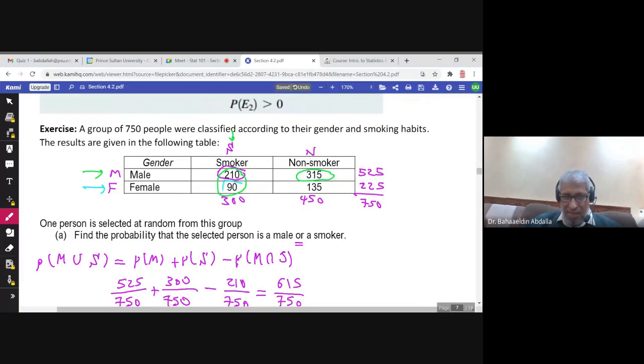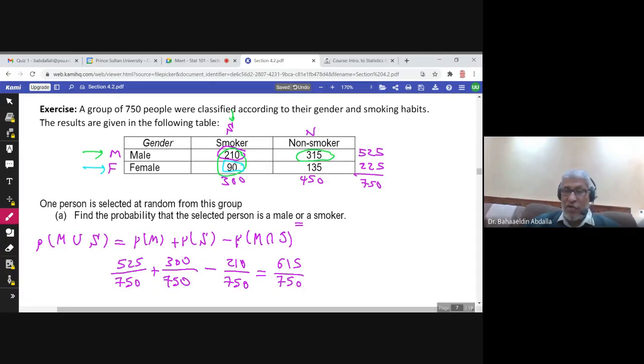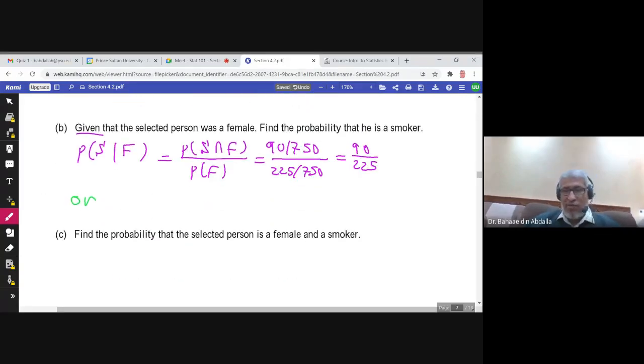So 90 females smoke. So 90 divided by the total number of females, which is 225. So you can find the probability like this, 90 over 225. You took the smokers of all the females. That's the probability of smokers given females.